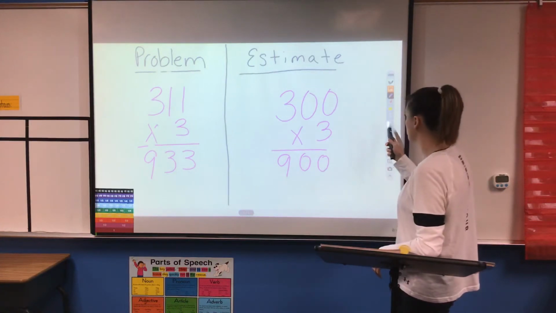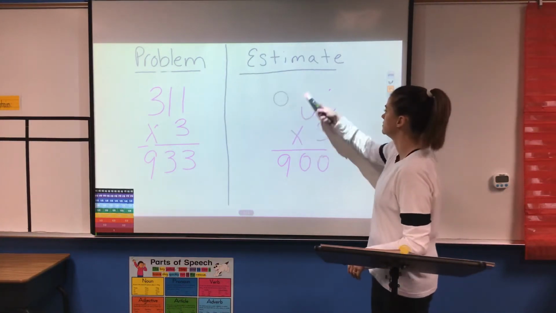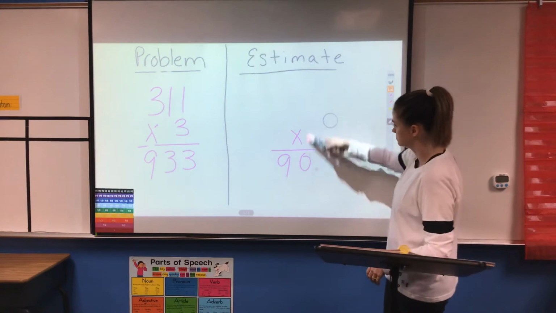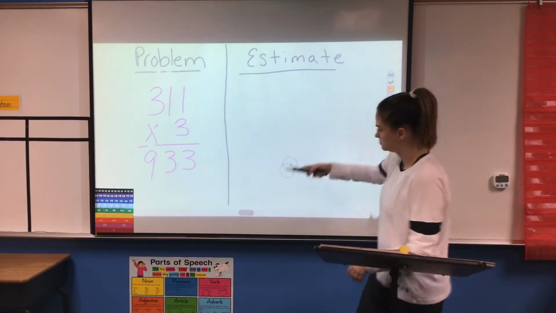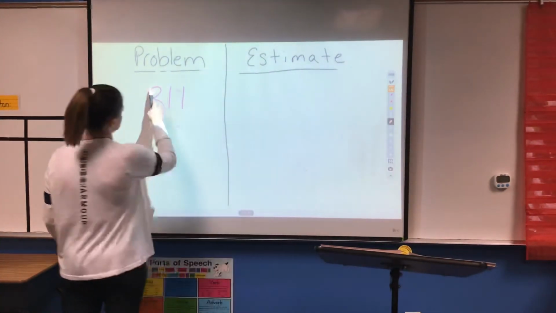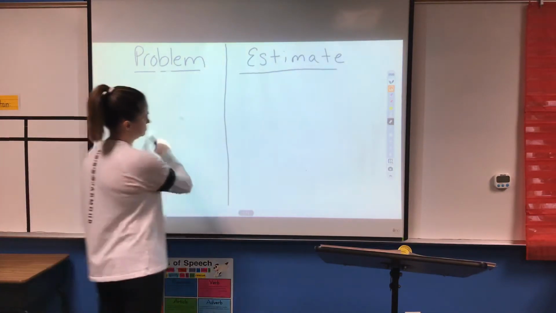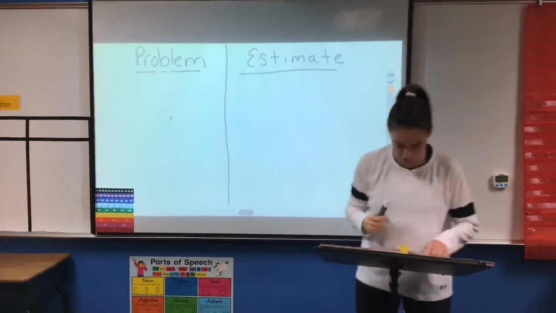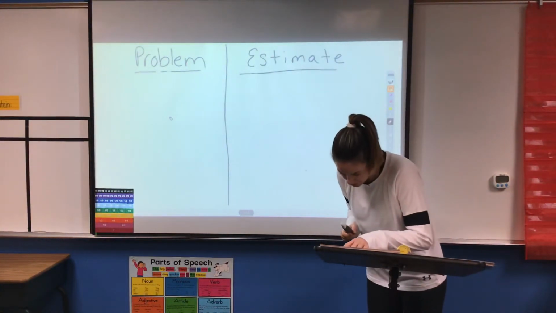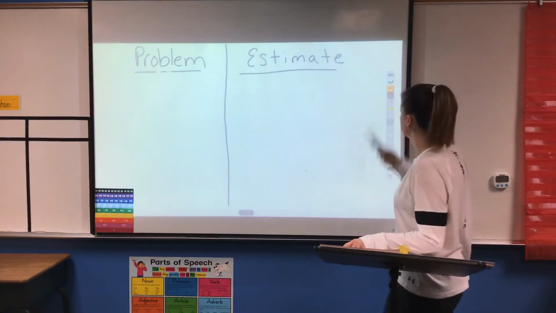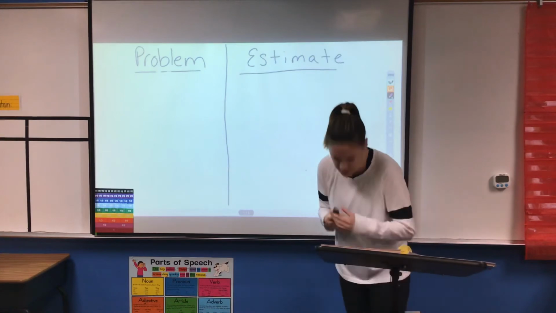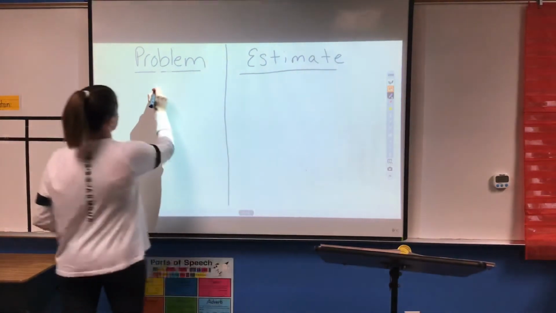Let me go ahead and erase this. All right, let's look at number 8 together. Number 8 is 162 times 4.